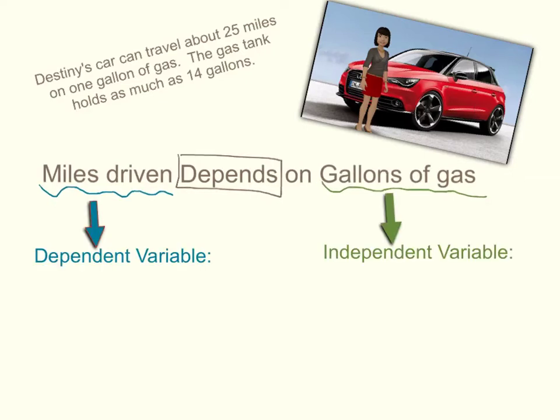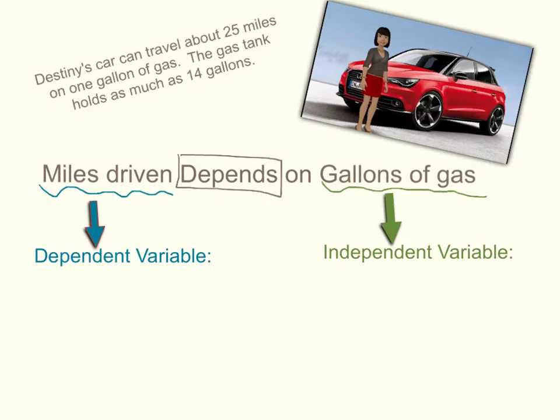So the miles driven is the dependent variable, and then the gallons of gas is the independent variable, because you can decide how many gallons of gas you put in your car, and then the amount of miles that you can drive depends on how many gallons of gas you put in your car.